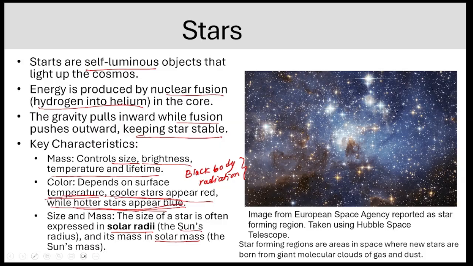In the image here, this is a star forming region, meaning there are materials that are prone to form stars. This image was taken by the European Space Agency using the Hubble Space Telescope.